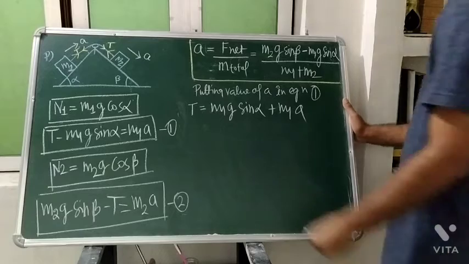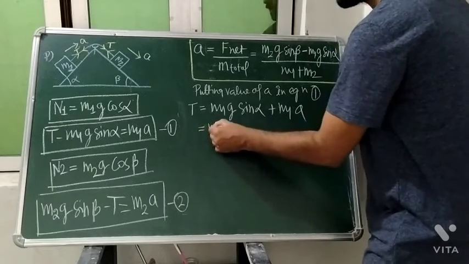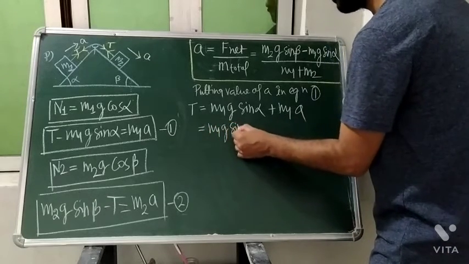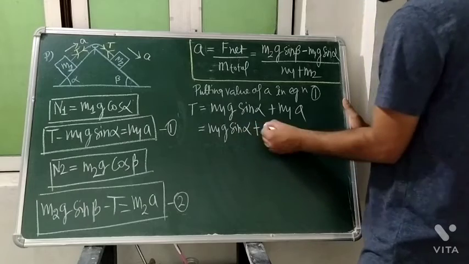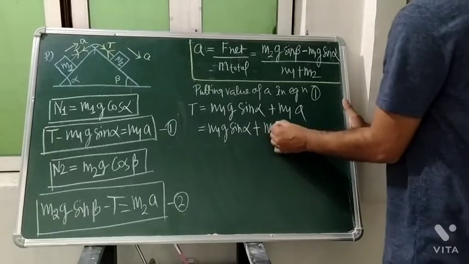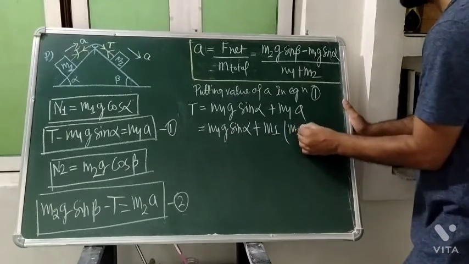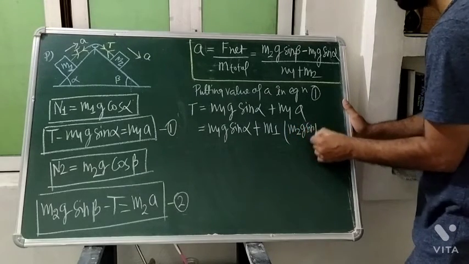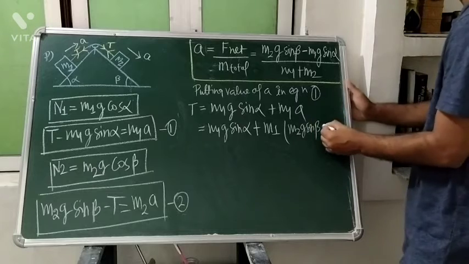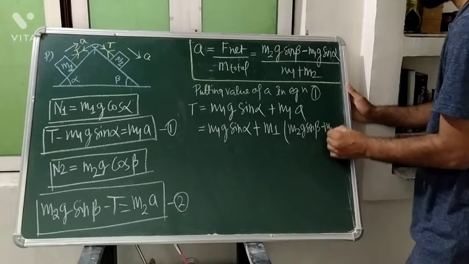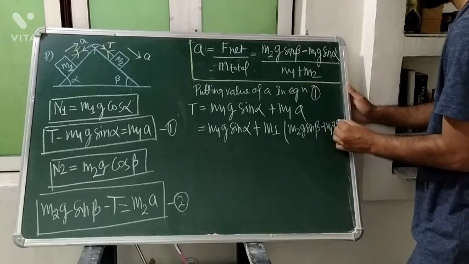m1 a, and this will become m1 g sin alpha plus m1 times a. And a is what, student? This is m2 g sin beta minus m1 g sin alpha.